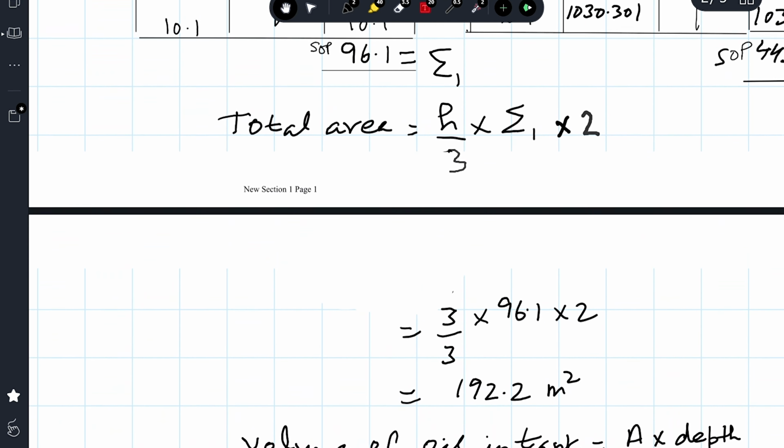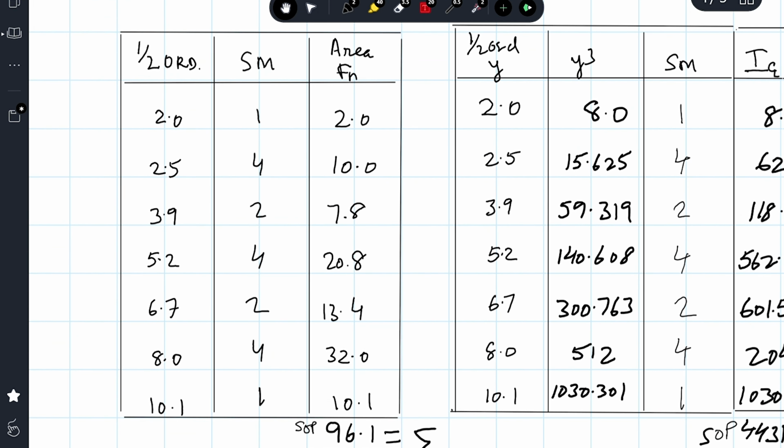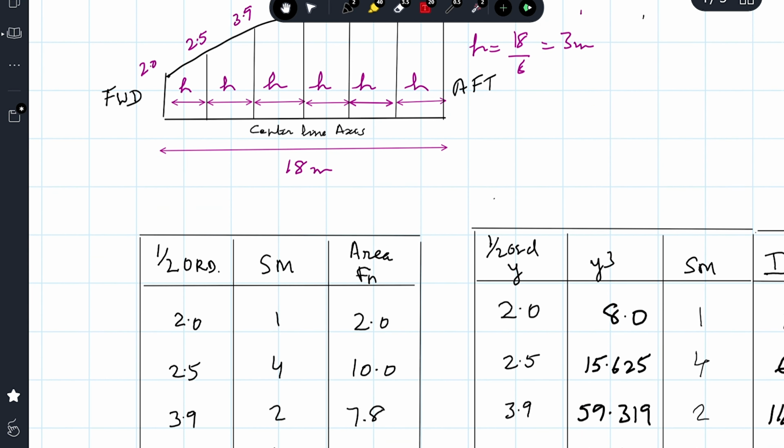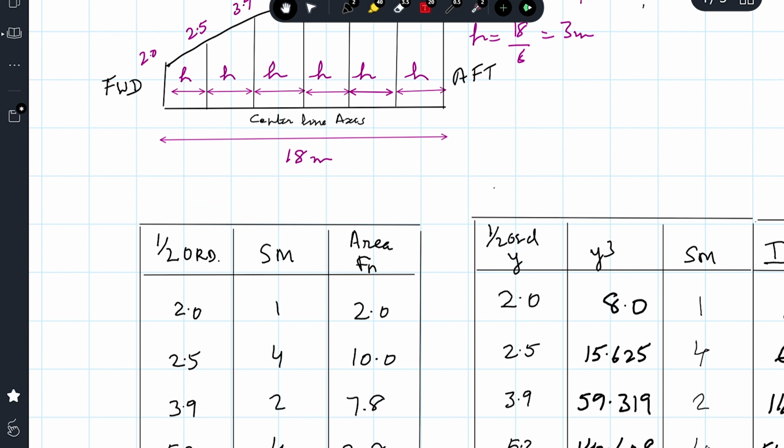So here the important thing was to know how to find the free surface moment, and what kind of moment of inertia to find using Simpson's rule, because we need to know whether to find the moment of inertia which is transverse or longitudinal.